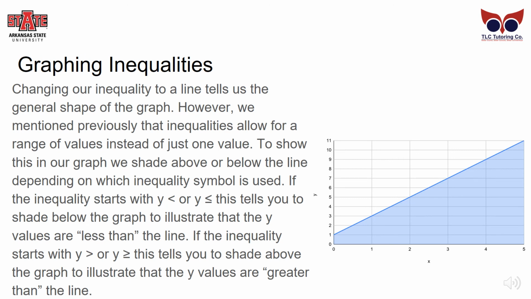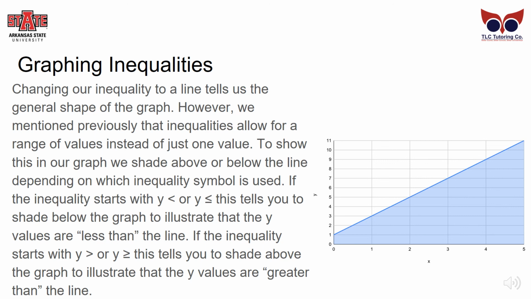Changing our inequality to a line tells us the general shape of the graph. However, we mentioned previously that inequalities allow for a range of values instead of just one value. To show this in our graph, we shade above or below the line depending on which inequality symbol is used.